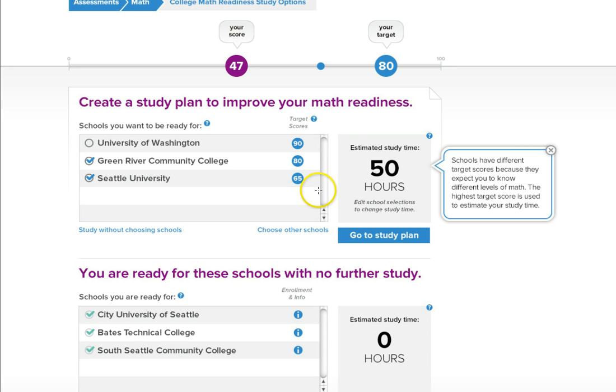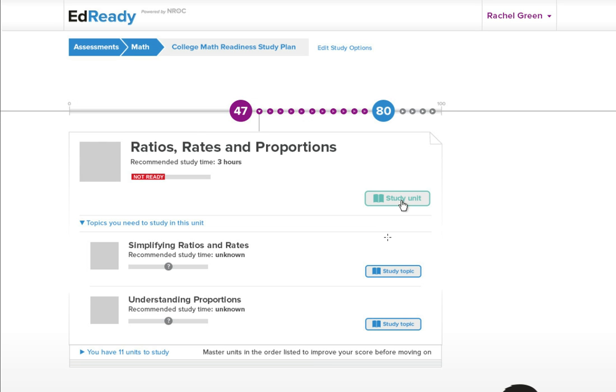Just because these scores have targets higher than her should not be discouraging. That's the whole point of EdReady, is to identify where she stands and then give her the help that she needs. And she can get that by clicking Go to Study Plan. When she clicks through, she sees a study plan that is literally built just for her.